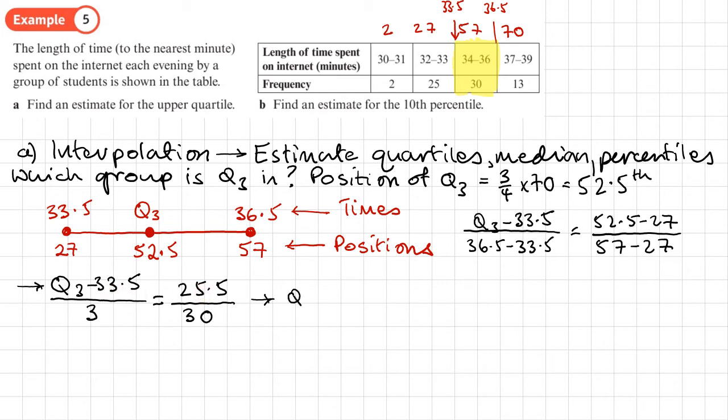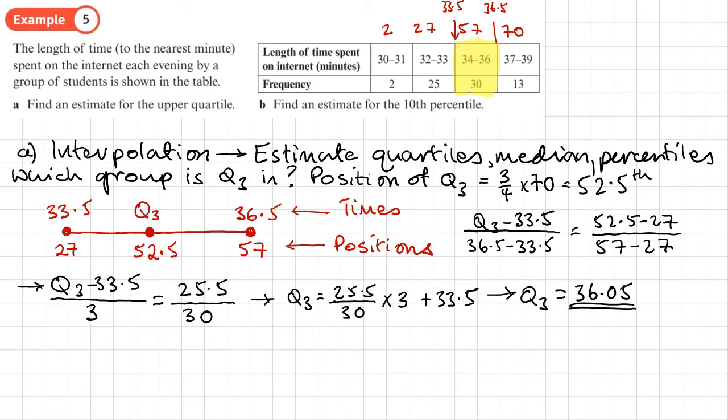So we'll have Q3 is equal to 25.5 over 30 times by 3, and then add the 33.5. That makes Q3 the subject. And that's 721 over 20, which is 36.05. Okay, so we're not going to round this. We'll give it exactly as it is for this. We won't round it to 3 significant figures. So these types of things we tend to try and write as exactly as possible.